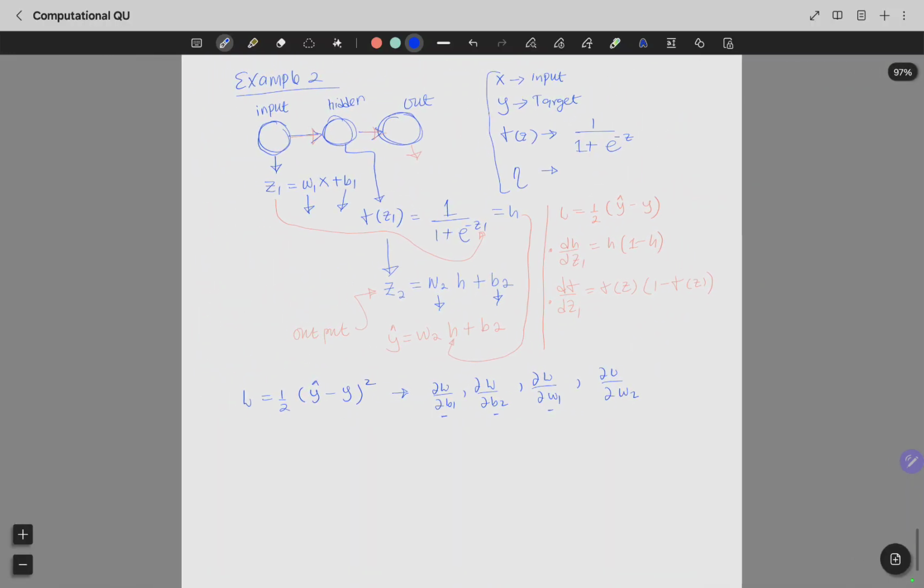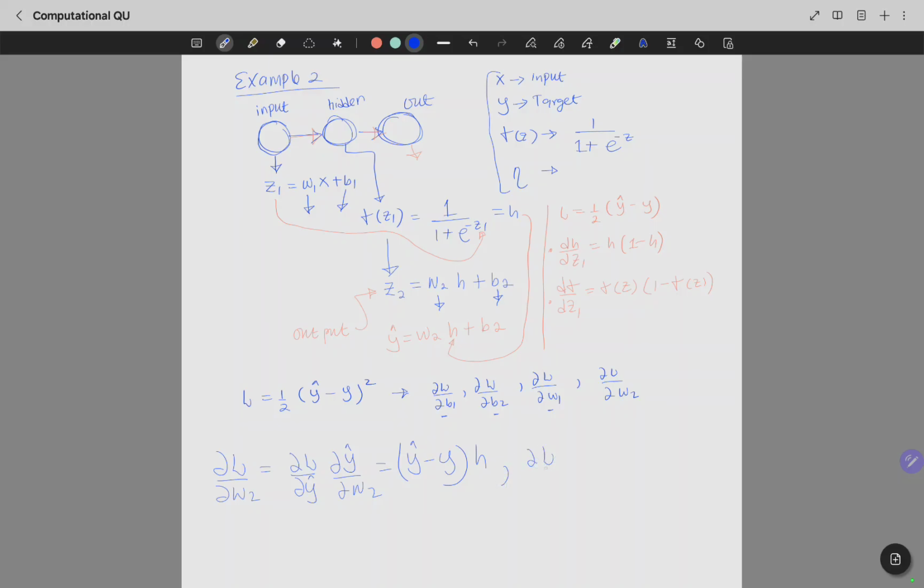Using the chain rule, dL by d omega 2 is dL by dy times dy by d omega 2, which is y hat minus y times h.